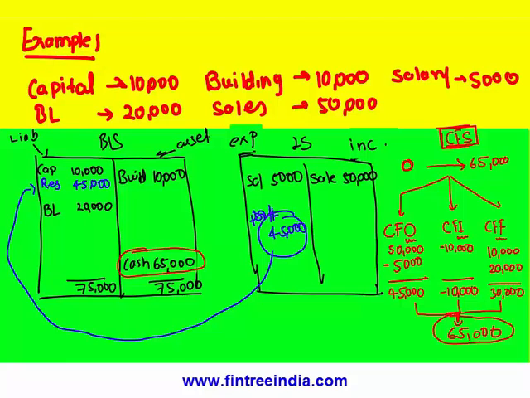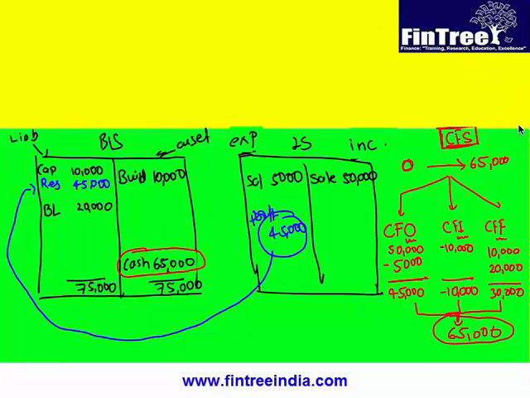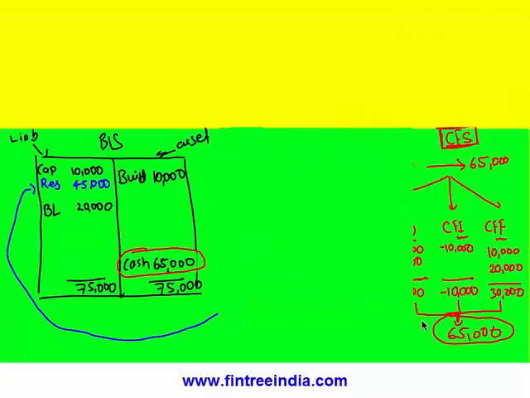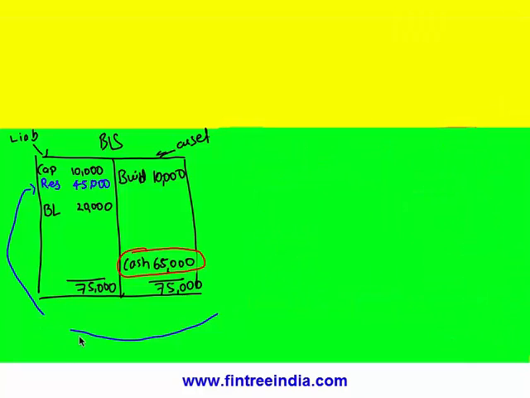Now let's build on to this question. Let us assume that now we are in year 2. Year 2 balance sheet is going to be a carry forward balance sheet, so the first year I'm keeping it intact. Let's have a few set of transactions.